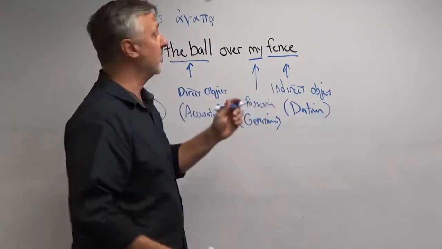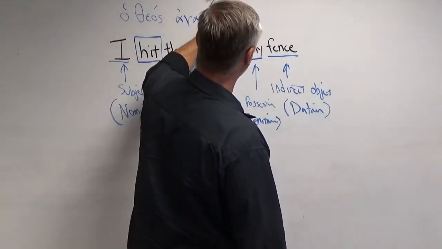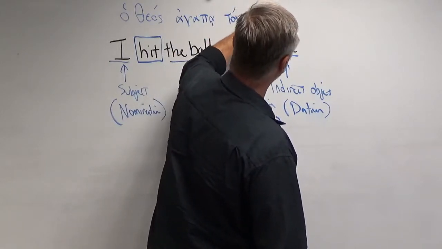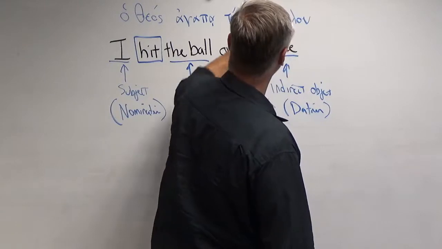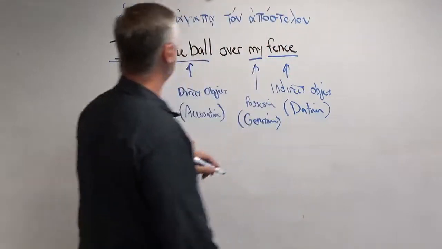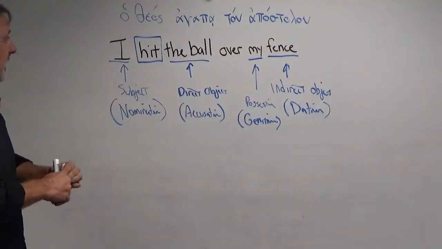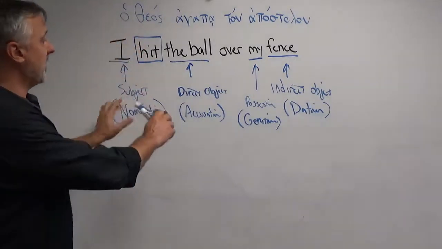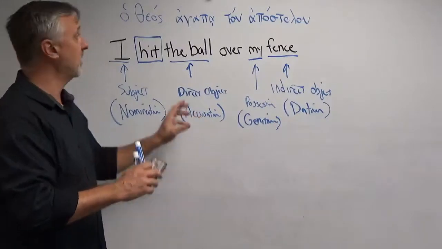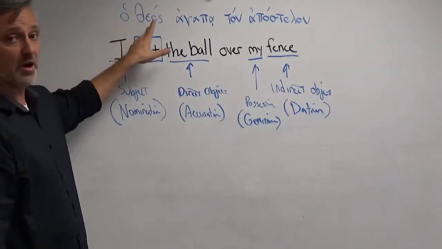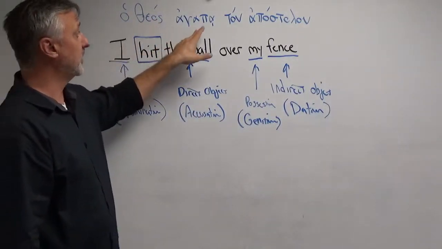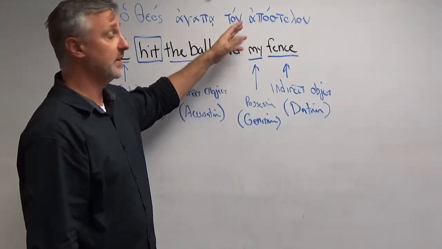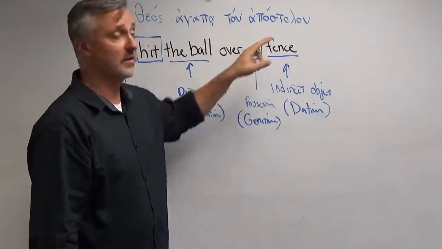And then the apostle, ton apostolon. So I'm keeping in mind the various cases we have. We've got a sentence where we have ho theos, God. Here's our verb, loves, and here is our second noun, the direct object, ton apostolon.